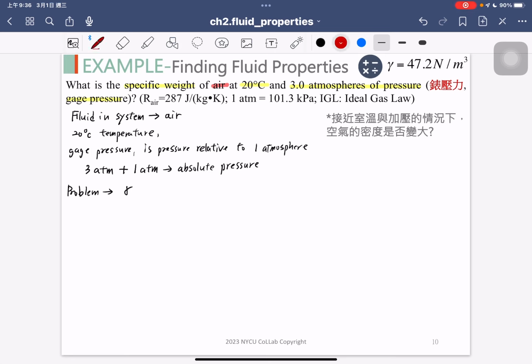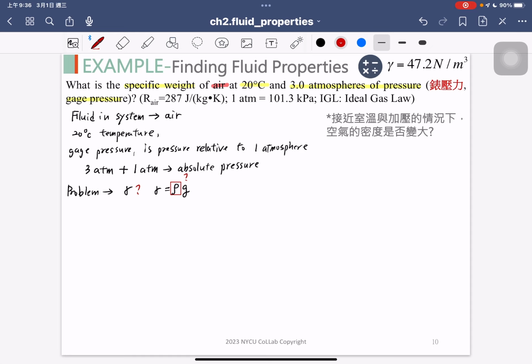We don't know the gamma value, but we know gamma should equal rho g, right? So we need to know the density first, and then multiply by gravity, and we can compute gamma. So the unknown parameter right now is the density.